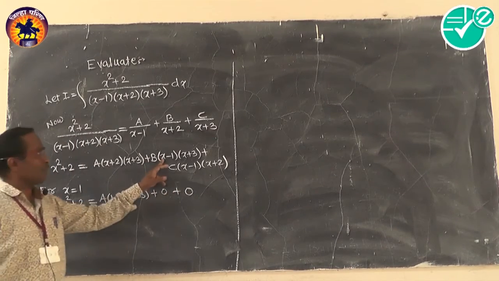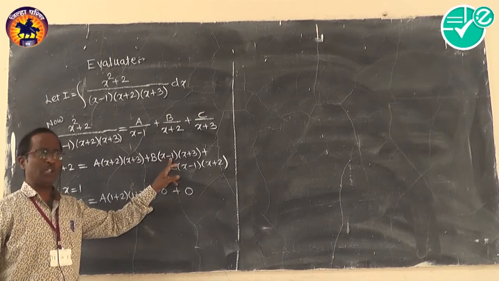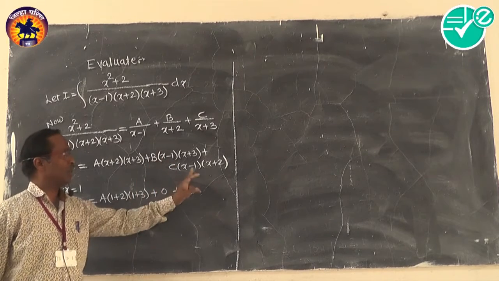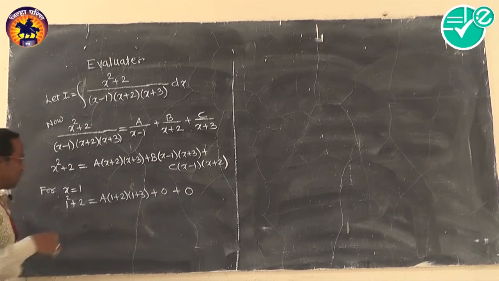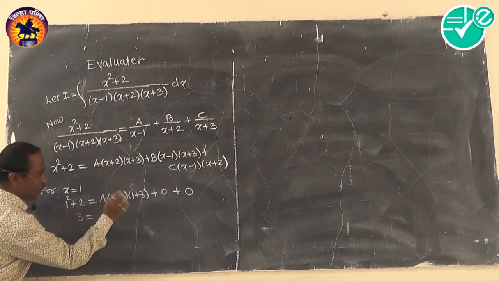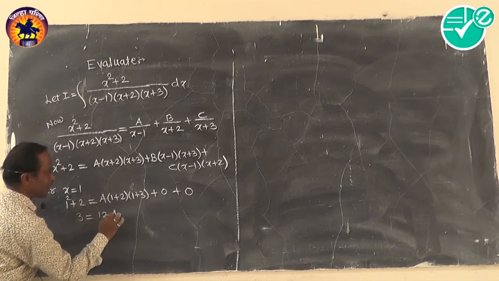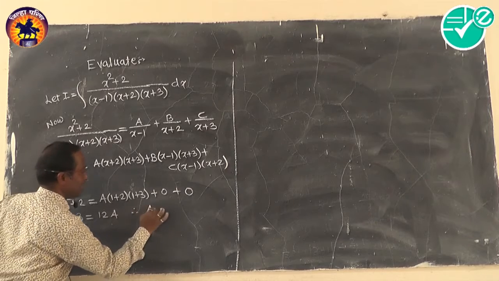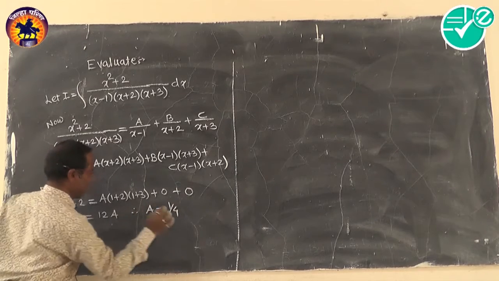Any function containing x minus 1 becomes 0, since 0 into anything becomes 0. We get 3 is equal to 3 into 4, that is 12A. Therefore, A is equal to 1 by 4.